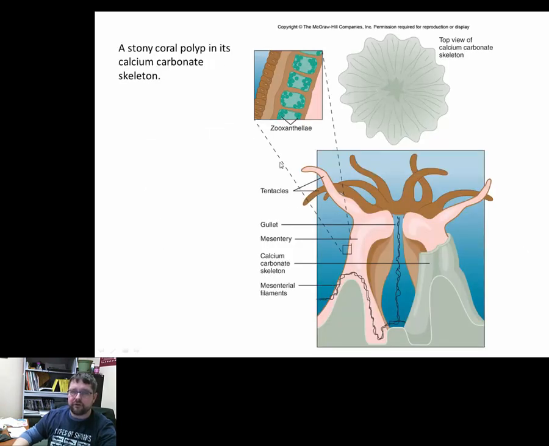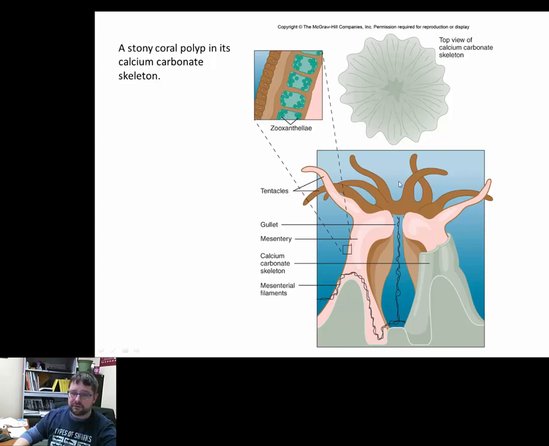Okay, so here you can see those zooxanthellae, these specialized organisms that form that symbiotic relationship. They occur in the mesentery, on the outermost region of the ectoderm, and that's what gives the individual the unique property of being able to do photosynthesis.